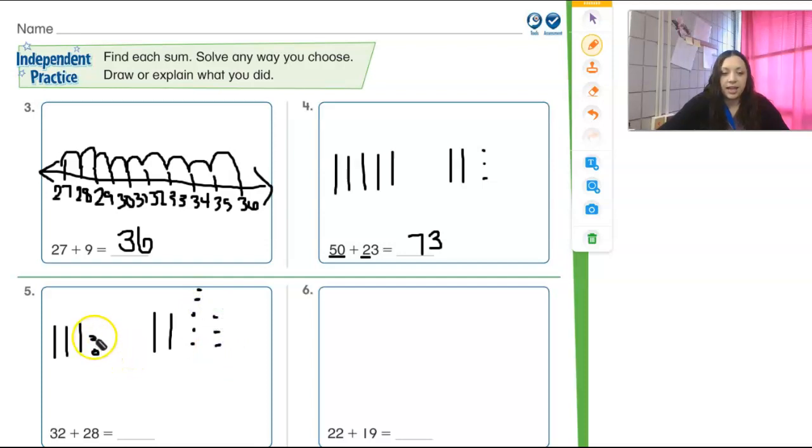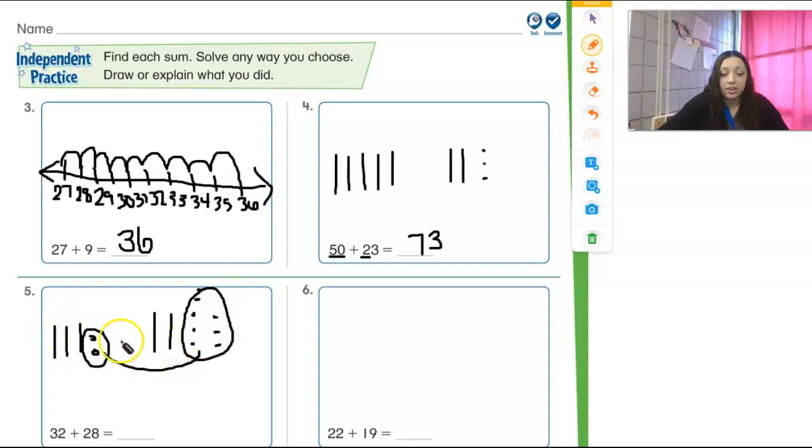So let's look at my ones. I have 1, 2 over here, so I'm going to have to add some ones to it. 3, 4, 5, 6, 7, 8, 9, 10. So if I take all these ones and all these ones and put them together, I have one set of 10. So then I would have 1, 2, 3.